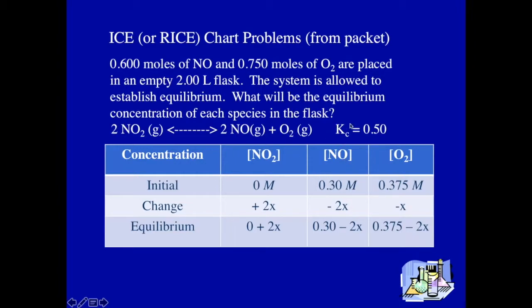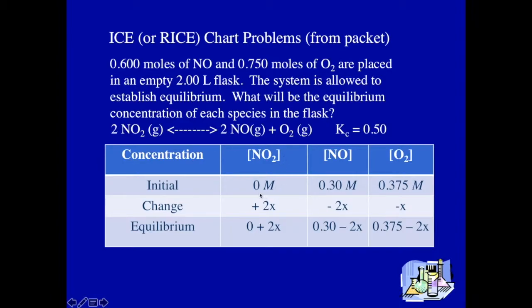Now, my Kc would be a different value. It would be the inverse if I flip this around. But since I'm given this Kc, I'm going to have to solve it proceeding this way. And again, that's only because I was given the equation as it appears, and I was given my equilibrium constant for this reaction, which is nitrogen dioxide turning into nitrogen monoxide and oxygen.